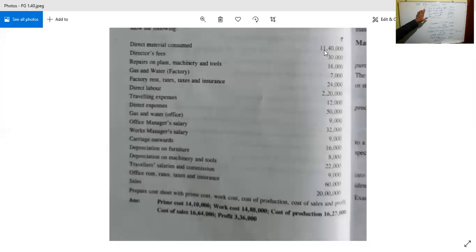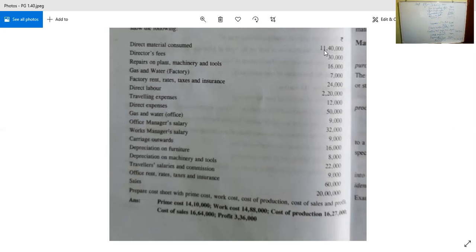Here, gas and water office is 9,000, whatever the expenses relating to office. So gas and water 9,000, office manager salary 32,000, depreciation on office furniture 8,000, office rent, rates and taxes 60,000. Then finally director's fee, it is 30,000. We will add up and see whether we get this figure or not.